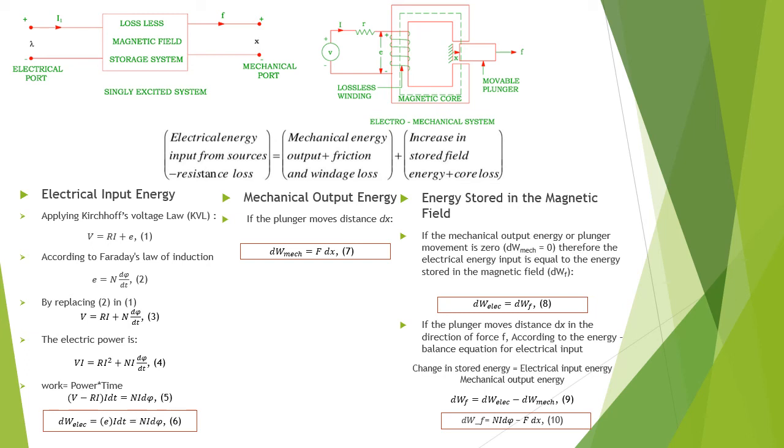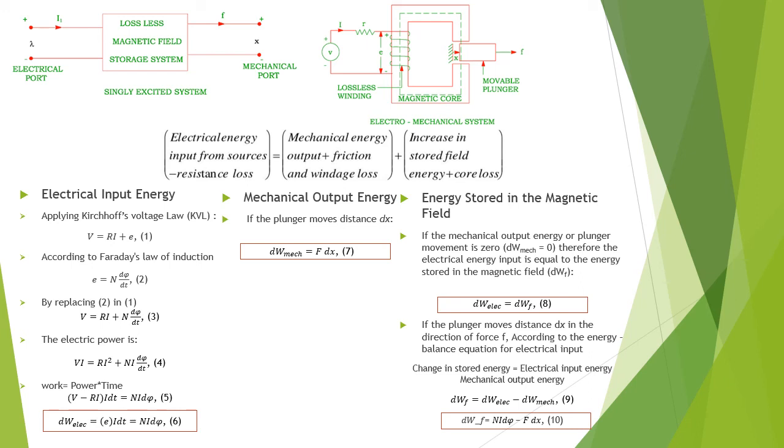For the mechanical energy, we have two factors. One of them is force, and the other is the distance the plunger moves, which is equal to dx here. So the mechanical work is defined as force multiplied by the distance of the moving plunger. For the energy stored in the magnetic field, we have two conditions.